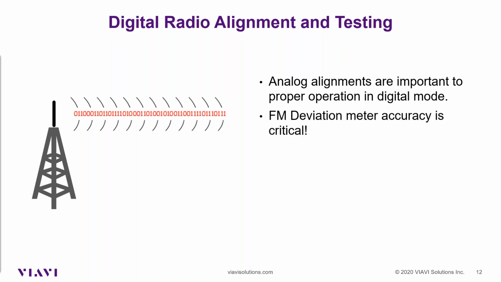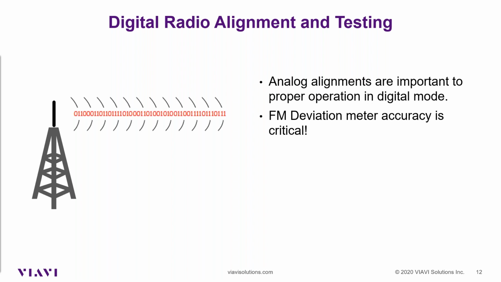In light of that, the FM deviation meter accuracy becomes super important. Of all the analog parameters that we can change that will affect a corresponding digital change, FM deviation is probably the most critical.